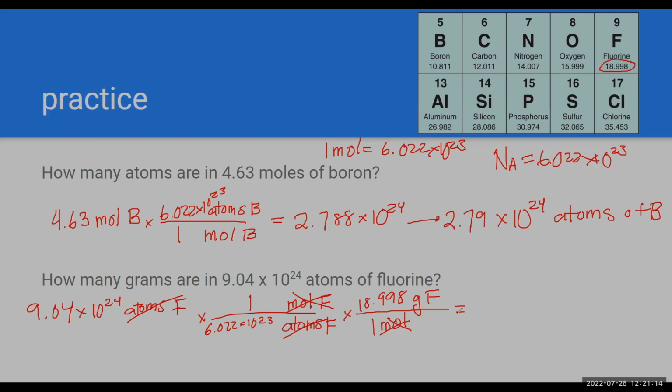And I am getting 285.18. And that'll be grams of fluorine. Keeping track of significant figures, then we'll just take the first 3. So the final answer should be 285 grams.